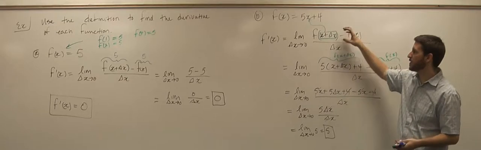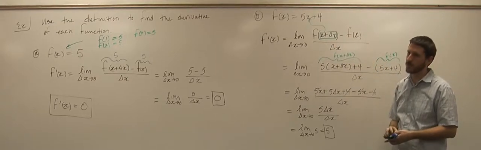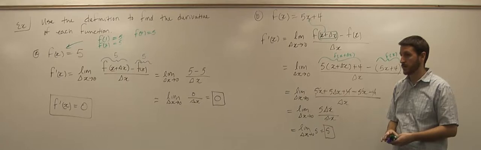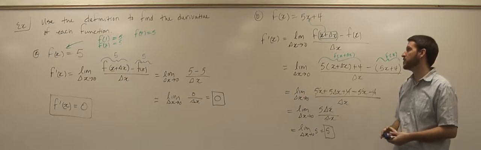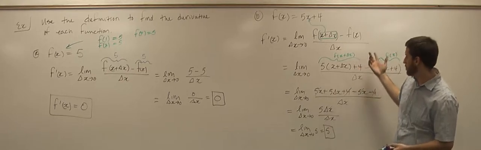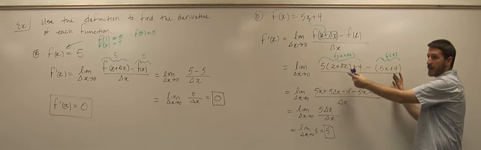Because at first, when you evaluate this, it's 0 over 0, which means your limit laws don't apply. You don't know if it's defined. Well, if you took the derivative of 5x and then added the derivative of 4? Yeah, it'll turn out that at this point right here, we could separate this into two different fractions.